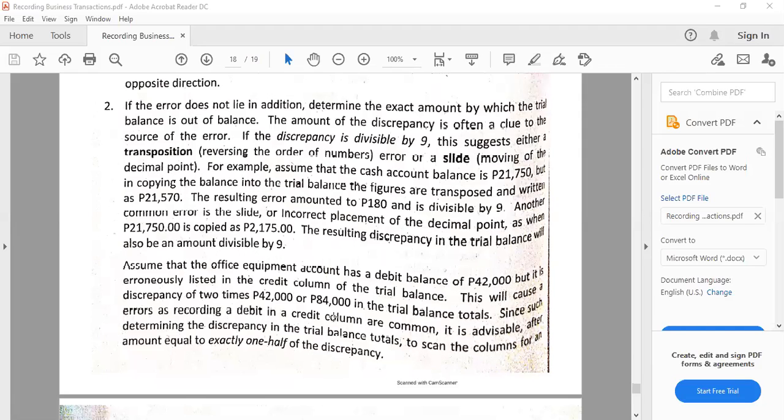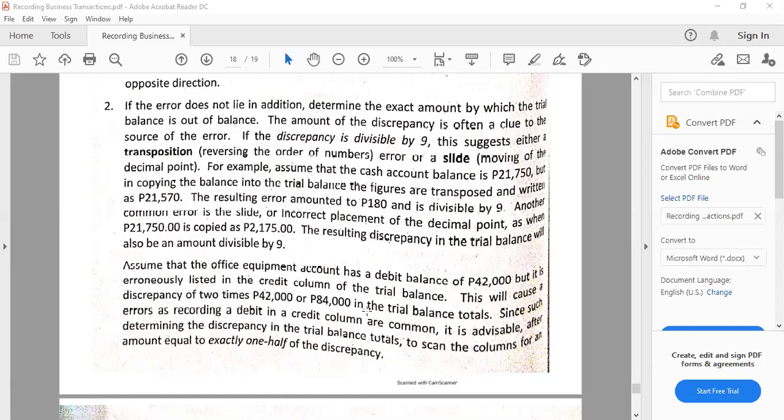Now, another case here, it's not one of those errors as discussed. However, it's a case like a debit balance of 42,000 was erroneously listed in the credit side. So for sure, the error as a whole would be times 2, so 84,000 in the trial balance totals, in which the credit would be greater than the debit. So we may scan our columns, meaning the debit and credit balances on the T accounts.